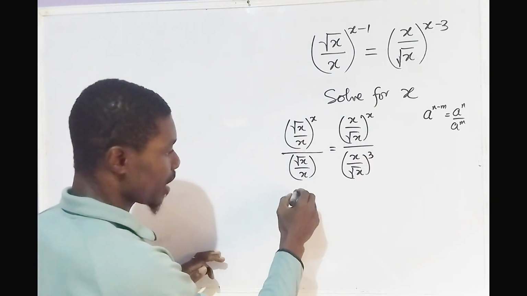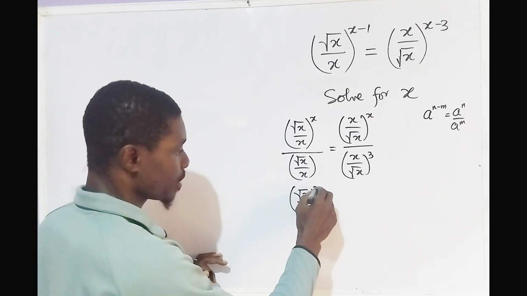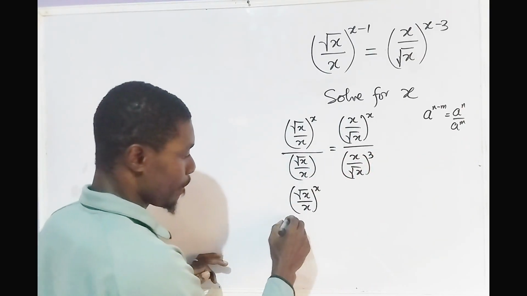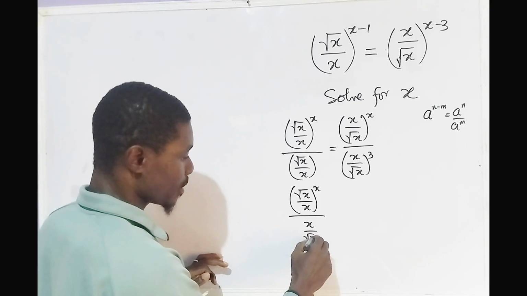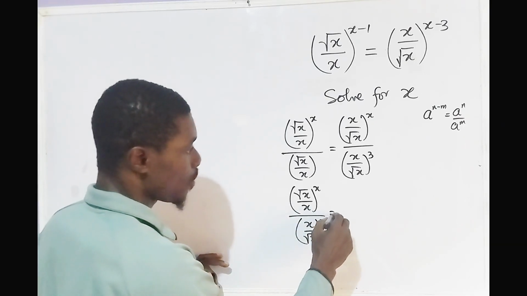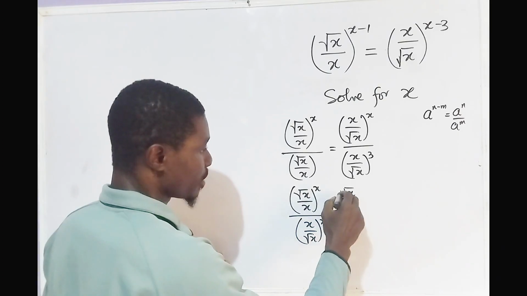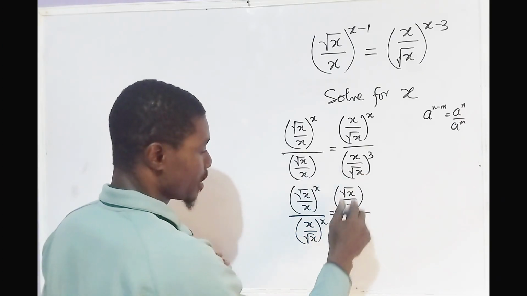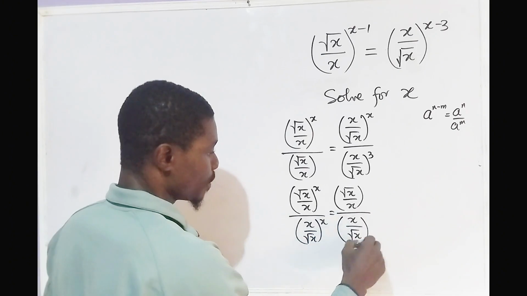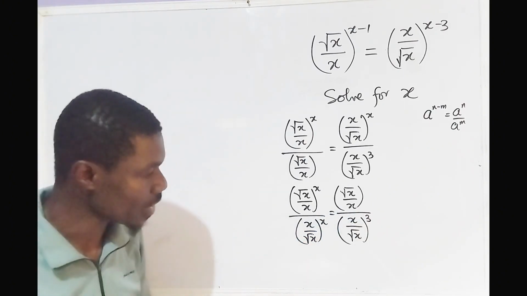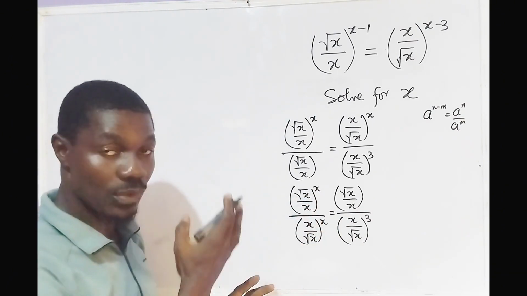So we have the square root of x all over x all raised to the power of x, then this one coming over here, we have x all over the square root of x all raised to the power of x, then equals the square root of x all over x, all over x all over the square root of x all raised to the power of what? 3.